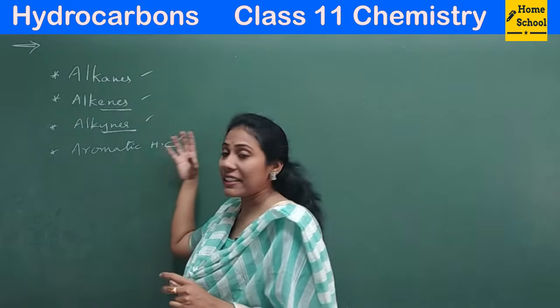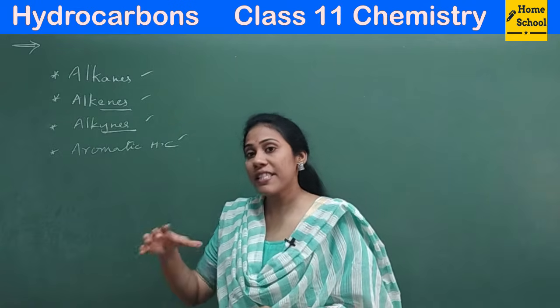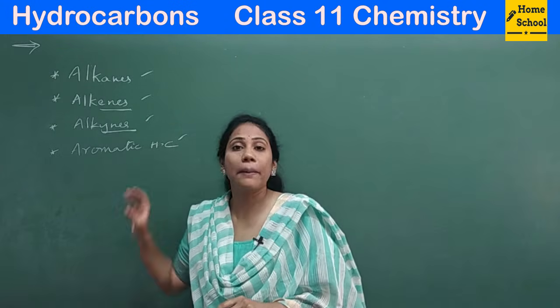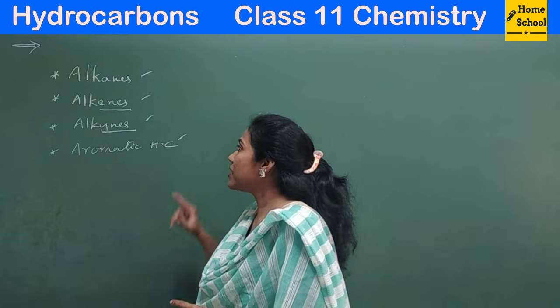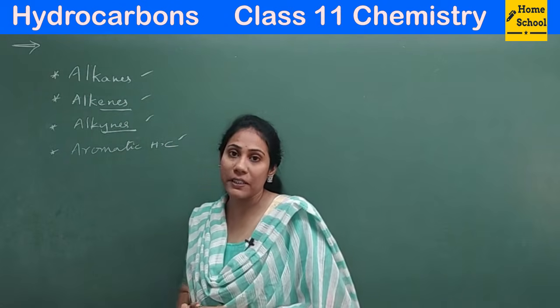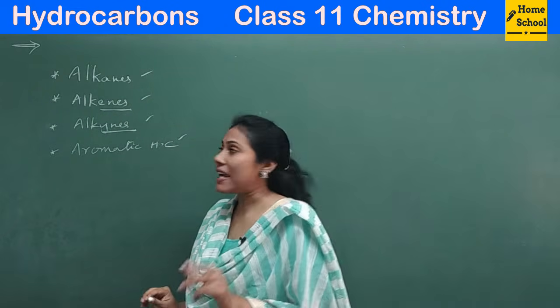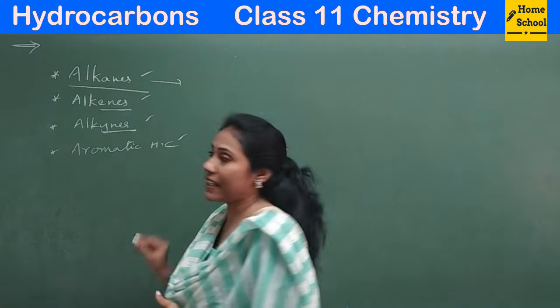Then we will study the different methods of preparation, physical properties as well as chemical properties. So these are the various things we are going to study about each and every type of hydrocarbon. So today I am starting with the first variety of hydrocarbon, that is alkanes.